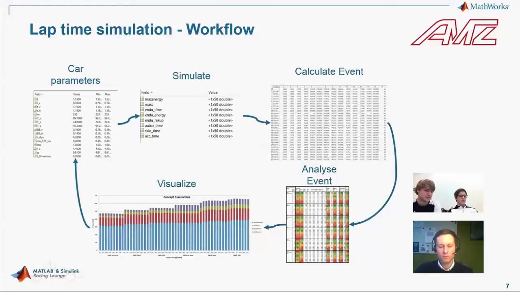And then with all this data, we can calculate a whole event. We can calculate the points which we would get out of the different disciplines, and also the points out of the whole event. And then we can analyze our data and visualize the different concepts to take concept decisions.